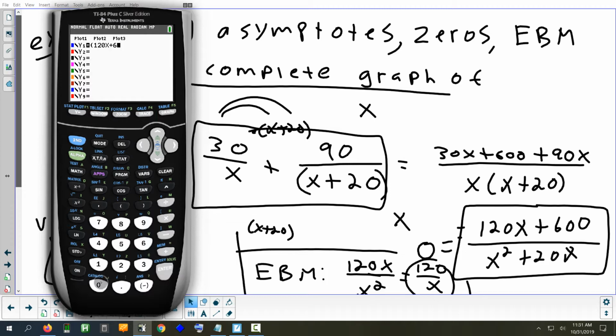120x plus 600 divided by x squared plus 20x. Okay, let's say graph. So what you're looking at is a graph of the time. As we head to the right, what's happening to our speed? Remember, that's a graph of time.